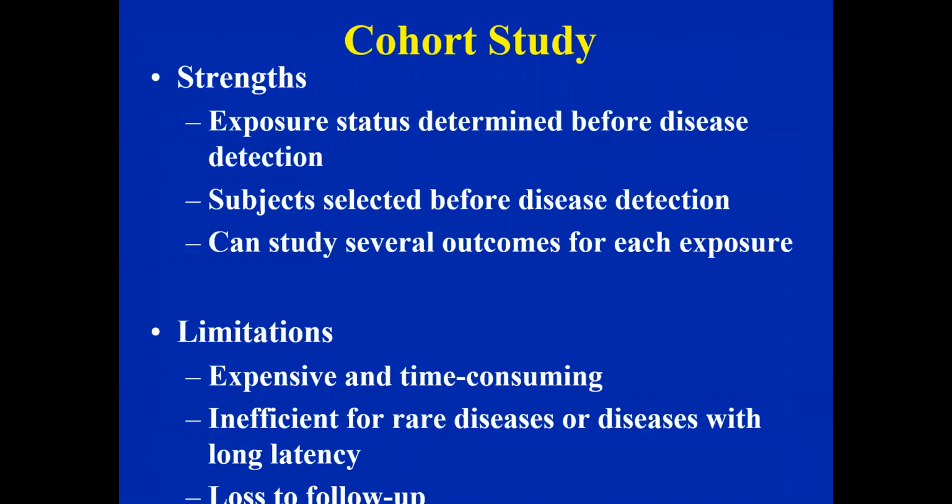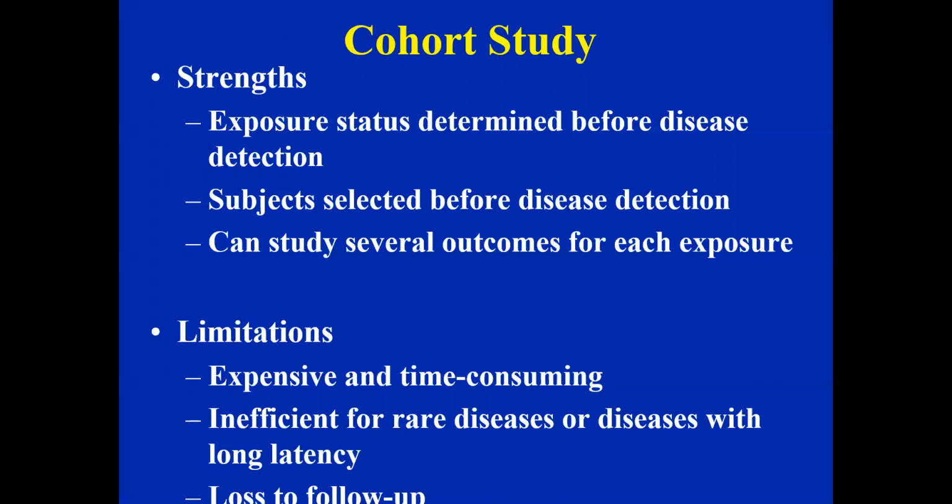What are the advantages of cohort studies? Exposure status is determined before disease detection. I think that's one of the strengths. Remember, I was mentioning the issue of temporality. For some of these studies, we always want to know which started first, the disease or the exposure. Because for us to really say this thing causes a disease, that relationship must be very clear. So for cohort studies, the exposure usually starts before the disease.